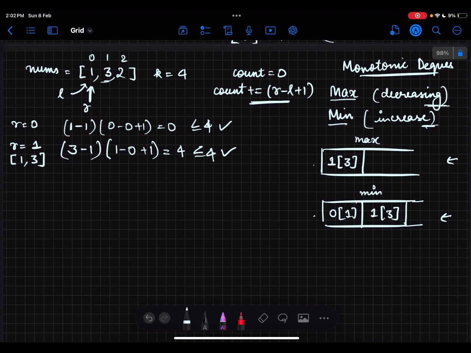The reason for doing this is that all subarrays ending at R are valid. For example, if a subarray starts at L and ends at R, then the subarray L plus 1 up till R is also valid. L plus 2 up till R is also valid.